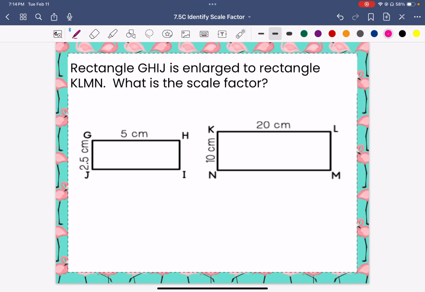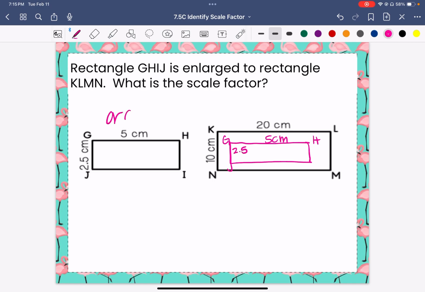We don't have any on a video, so I am just going to trace the smaller rectangle inside the larger rectangle. And I know that 5 centimeters, this side, which is GH, will correspond to KL. Then on the left side, GJ will correspond to KN. So I'm going to label my dimensions of 2.5.